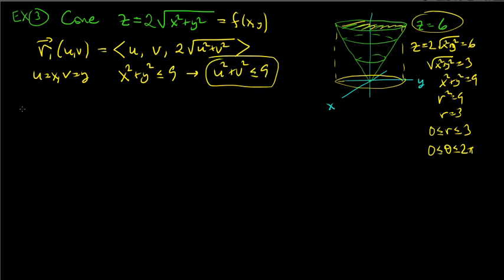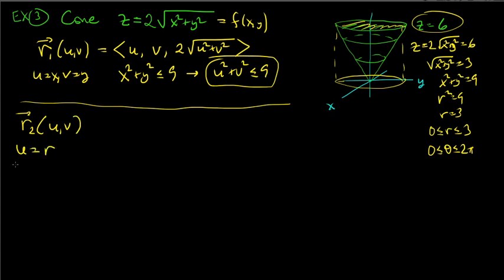Okay, so that's a bit clumsy. A better parameterization would be to switch to polar coordinates where, let's say, u is r again and v is theta. So in that case, x is r cosine theta, y is r sine theta.